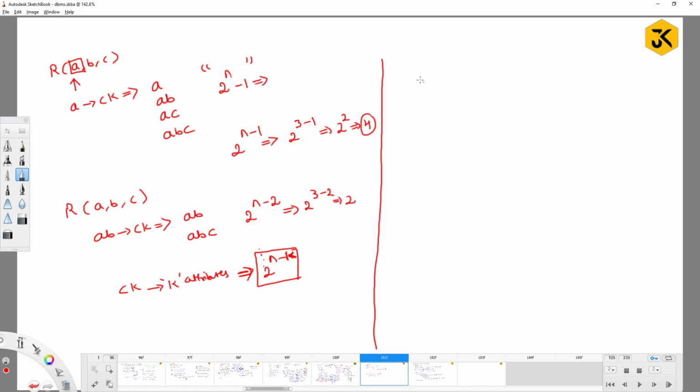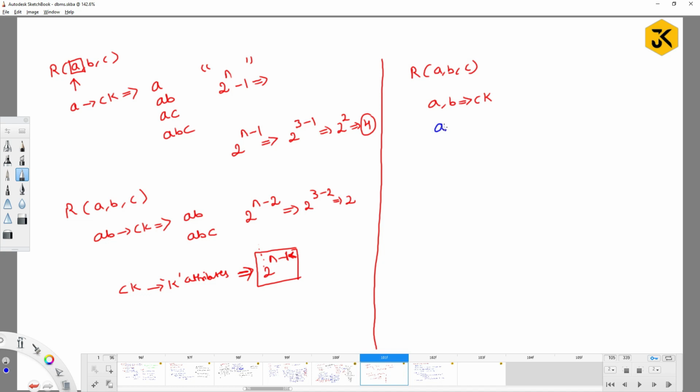If you have a relation R of A, B, C, the relation may contain more than one candidate key. Am I right? Yes. Assume that A and B are the 2 candidate keys. Then how many super keys are possible? Basically, write the solutions. What you can do?